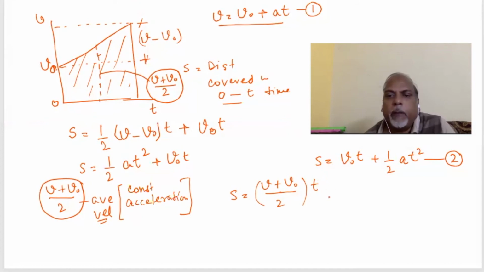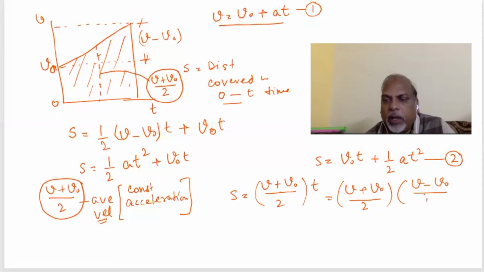Here, (v plus v0) upon 2, and t from this equation we can put as (v minus v0) upon a.